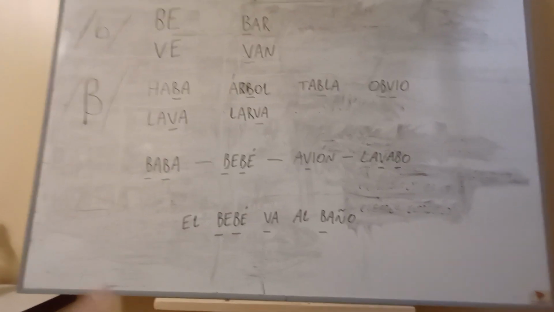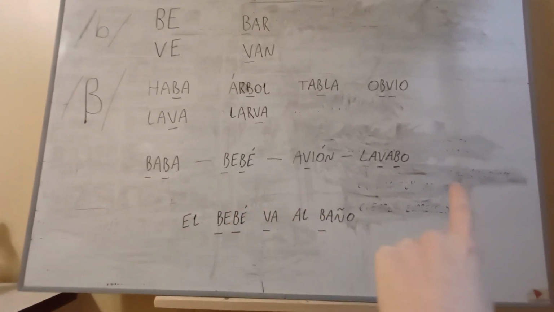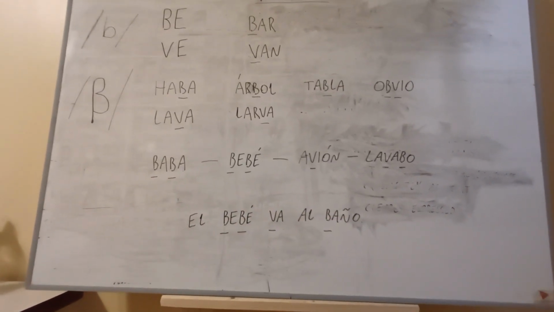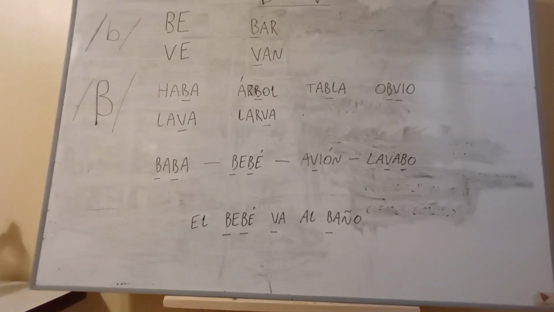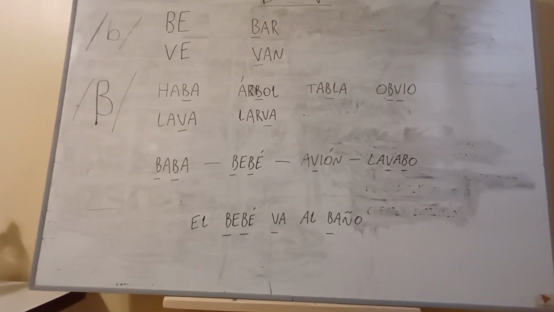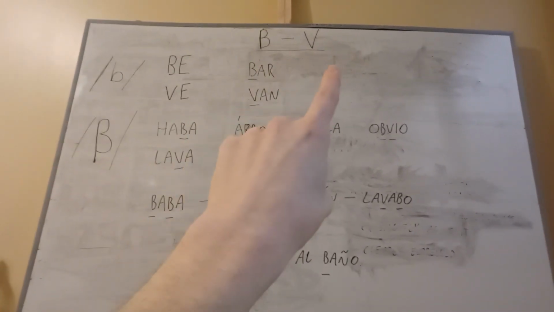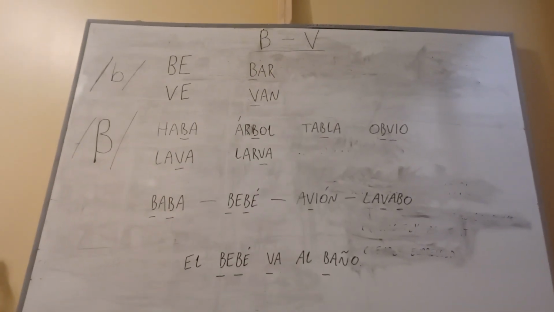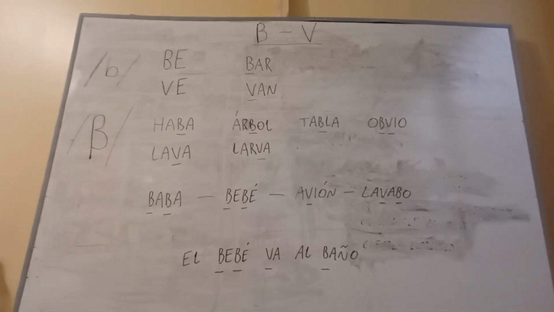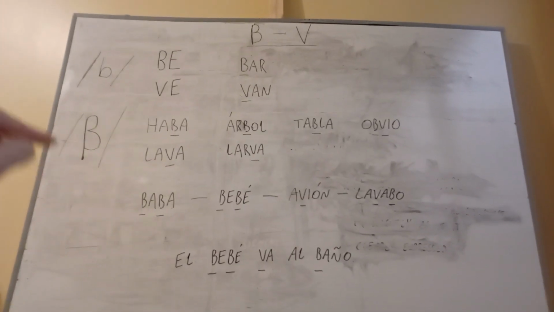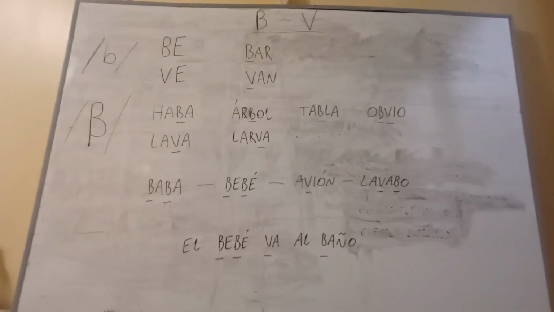So now we will see these examples. Here we have cases where the B and V have both pronunciations that we have seen.